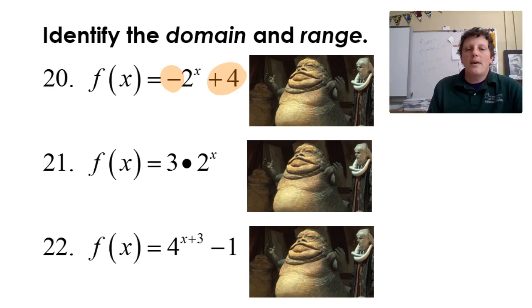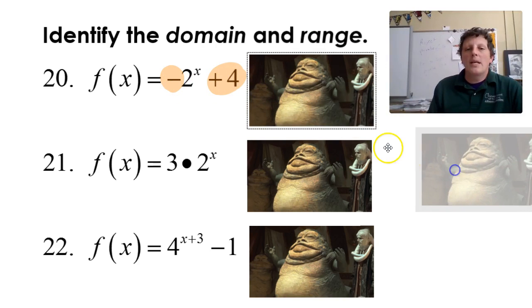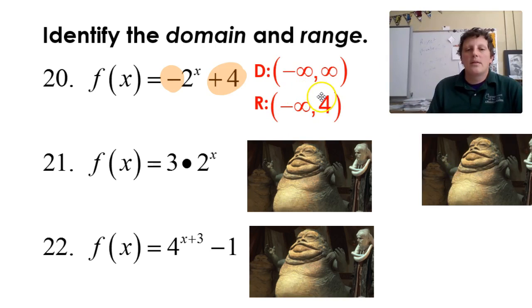So when I'm trying to identify the range, I know that the function is going to be below the asymptote because of the negative, and it's going to stop at the asymptote, which is 4. So the range is going to be from negative infinity to 4. It might help you at first to graph this in your graphing calculator to see what the function looks like and to see that the whole function is below the asymptote.